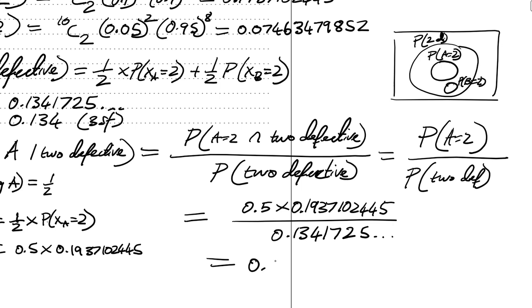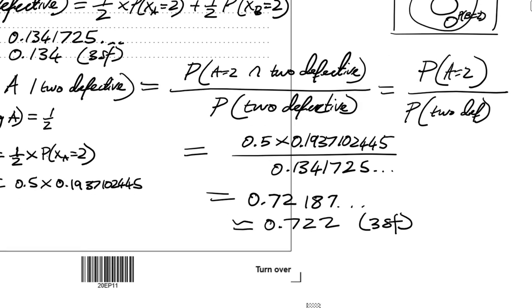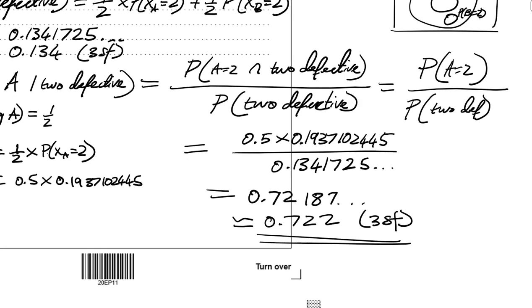That gives me 0.7218..., and that is equal to 0.722 to 3 SF, always 3 significant figures. And that is our answer. Hope that makes sense, guys.